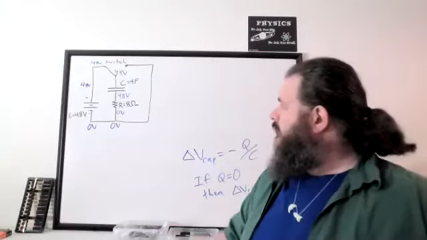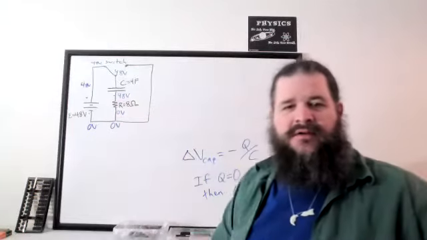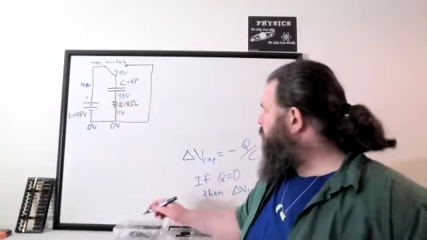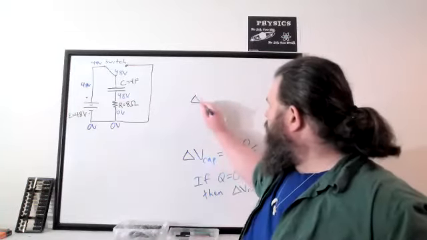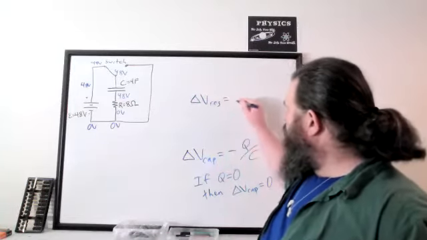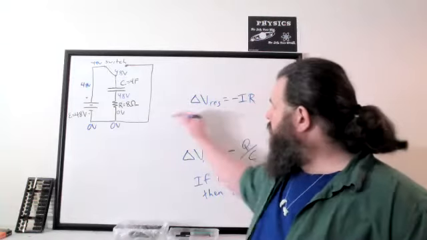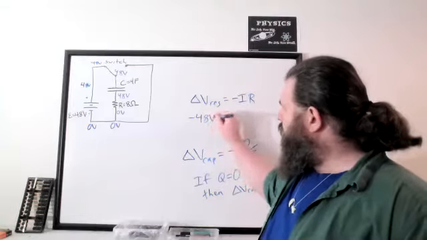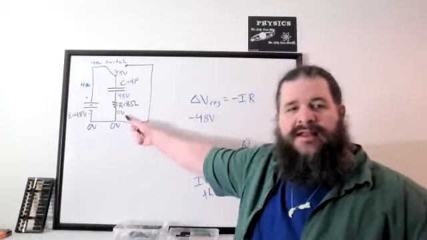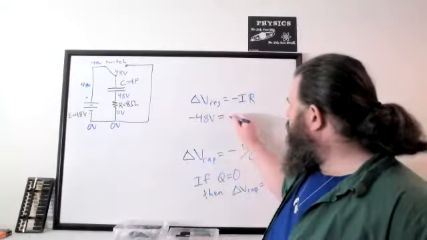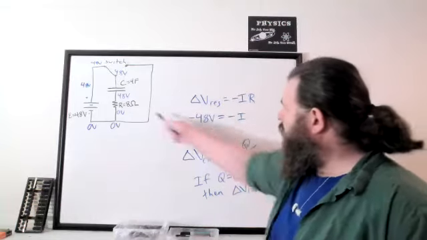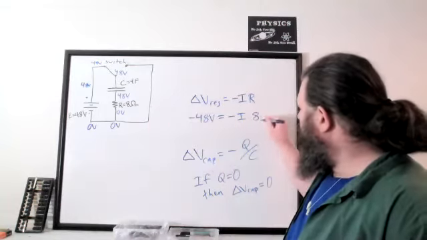What's the difference in voltage from one side of the resistor to the other? Yeah, 48 volts. So the delta V on the resistor, using the usual negative IR, we know now that the resistor is getting the full negative 48 volts, negative 48 because it starts at 48, ends at 0, equals negative I times R, resistance being 8 ohms.